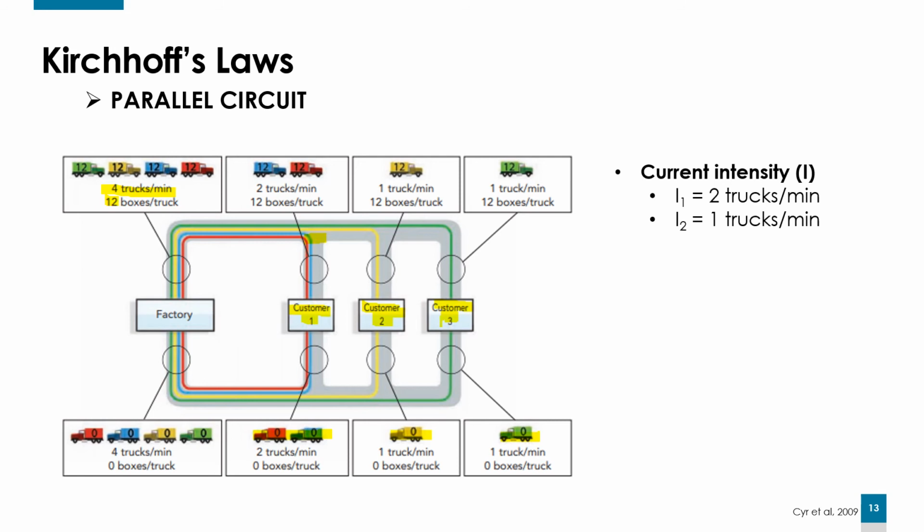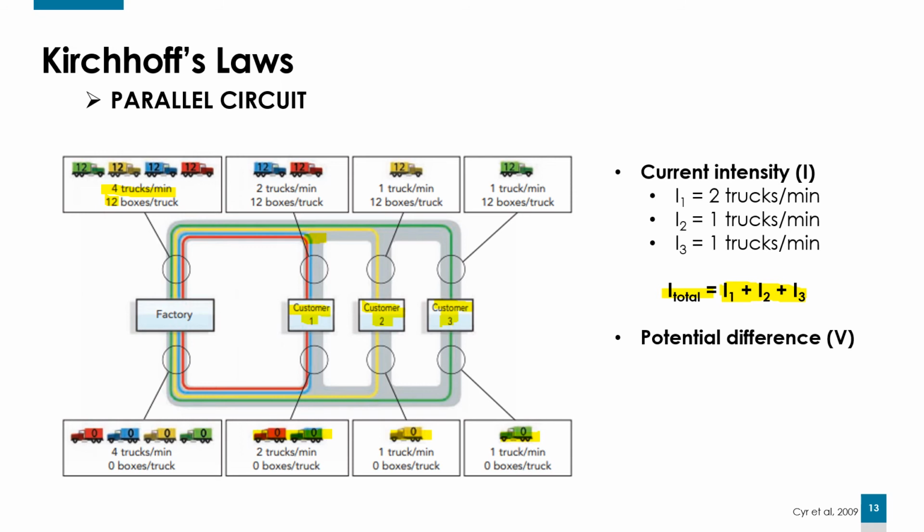For customer 3, just 1 truck. But in total, how many trucks do I have? 4. So my current is now split, but my total continues to be the same. To calculate the I total, I need to add I1, I2, and I3. They are not the same because they follow different paths.